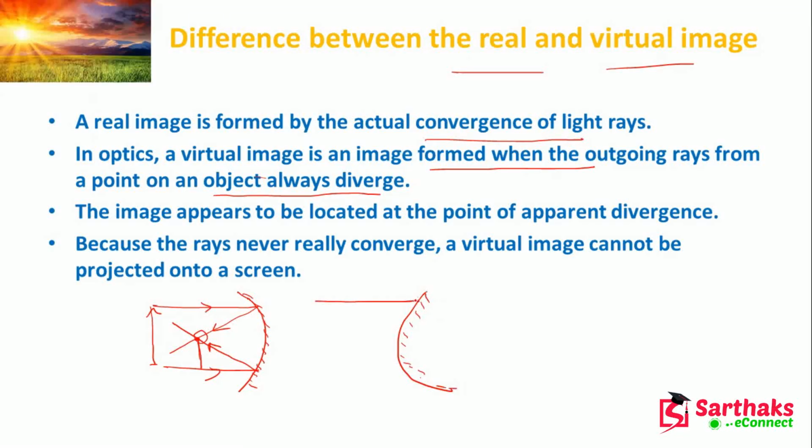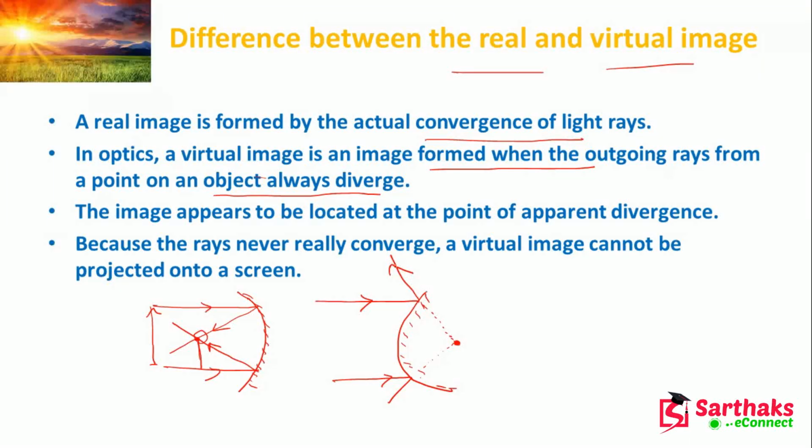Now these parallel lines, the light rays coming from one object, will be reflected. If you join these two lines backwards, you can see that there will be an image here. So this is the virtual image. Here the virtual image is an image formed when outgoing rays from a point on an object always diverge.